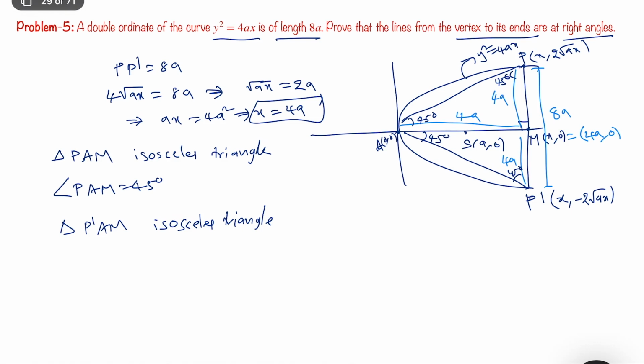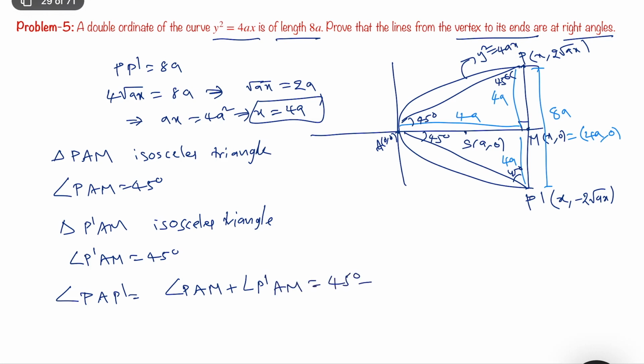So we have angle P'AM equal to 45 degrees. So now the angle PAP' is going to be what? Angle PAM plus angle P'AM.